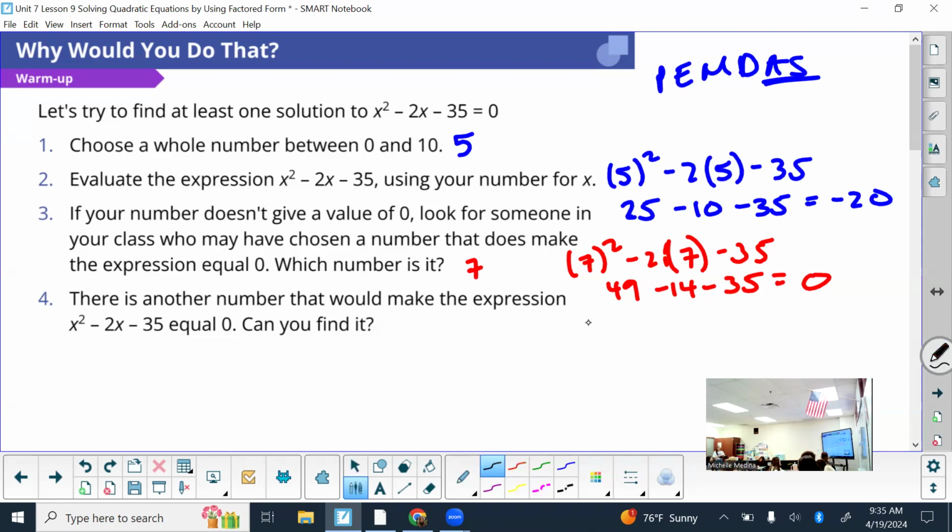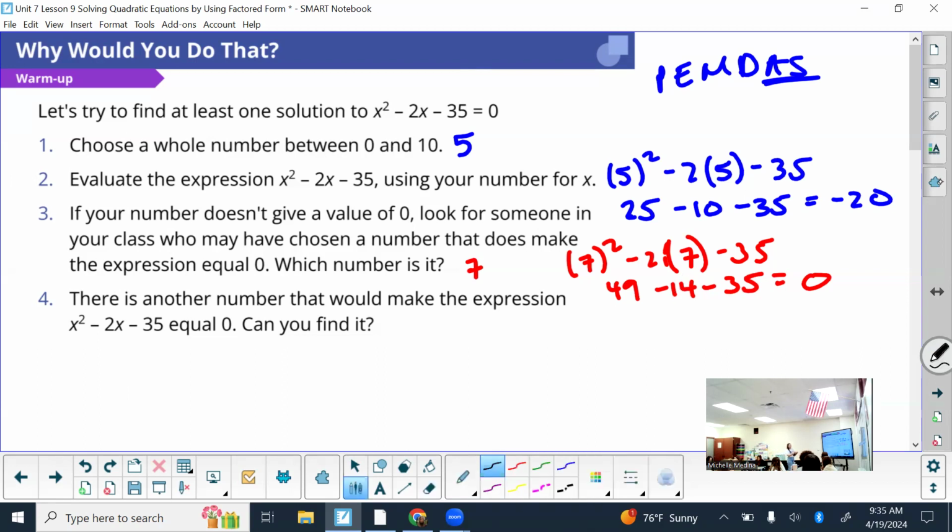Are you guessing and checking? Okay. So the first few parts of this was more so like a guess and check. Normally on the test, it won't say your answer is going to be something between 0 and 10, right? So it was just kind of having you practice that. Also practicing when you plug it into the expression, what's the output?